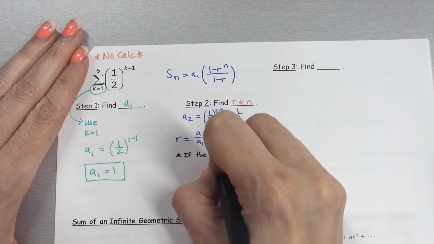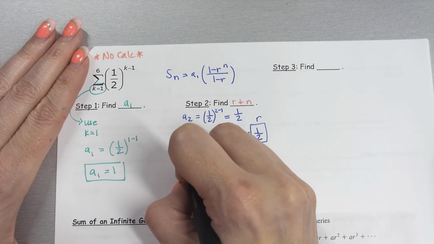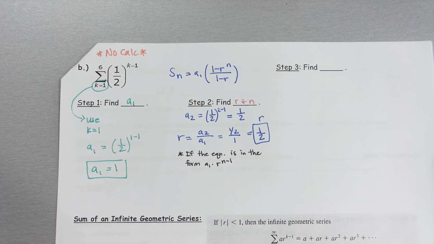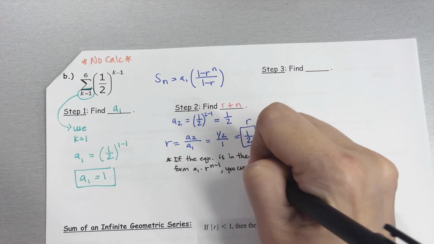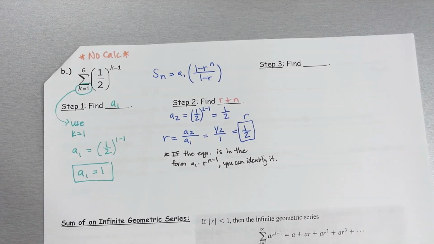So if the equation is in the form a sub 1 times r to the n minus 1, you can identify it right away. You don't have to do any work. If not, you find your a sub 2, divide that by a sub 1, and that will be your r value.